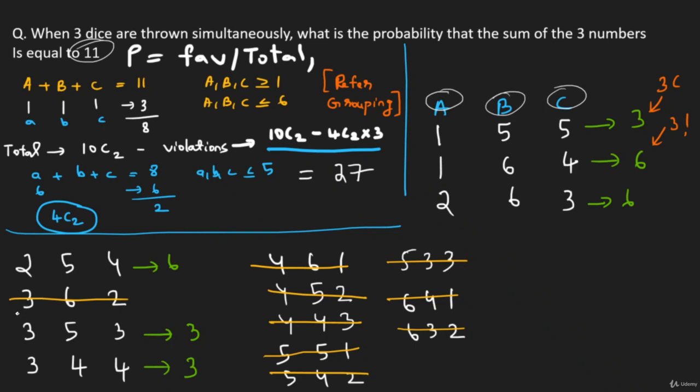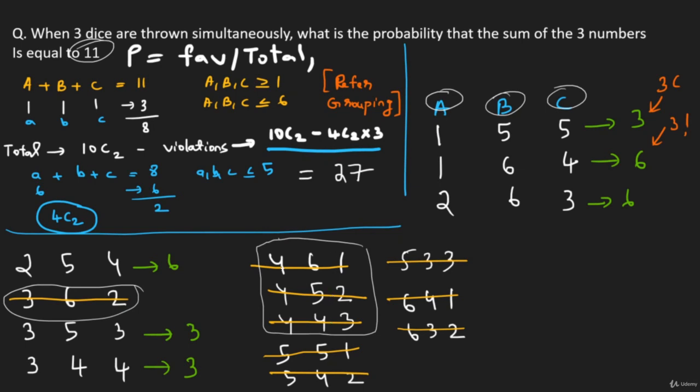I can have 3 over here and 6 and 2, 3 over here, 5 and 3, 3 over here and 4 and 4, right? Now 3, 6, 2 is a repetition of what we have over here. So we strike this out. Similarly, with 4 over here, I can have 4, 6, 1, 4, 5, 2 and 4, 4, 3.